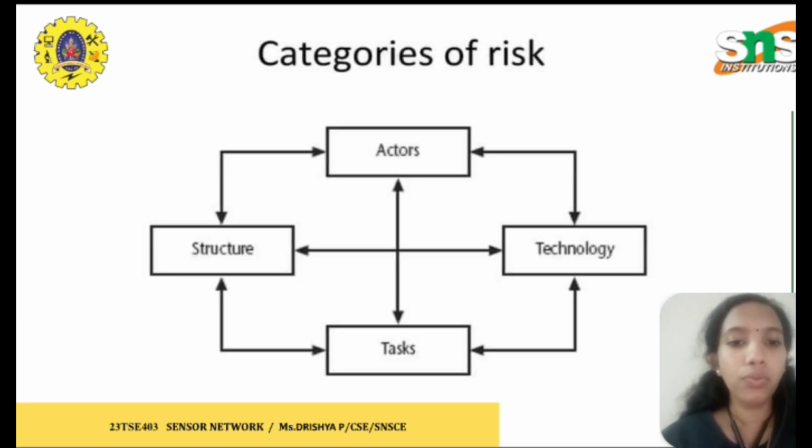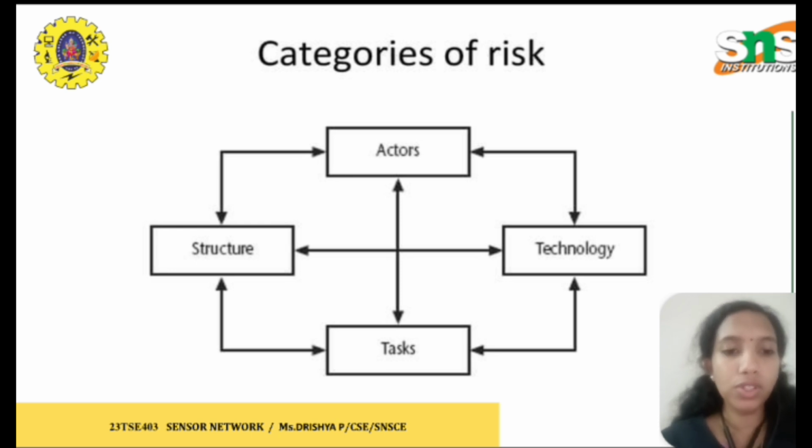Next topic is categories of risk. We have four categories: actor, structure, technology, and task. Actors are the individuals, groups or teams who are the reasons for creating a risk.